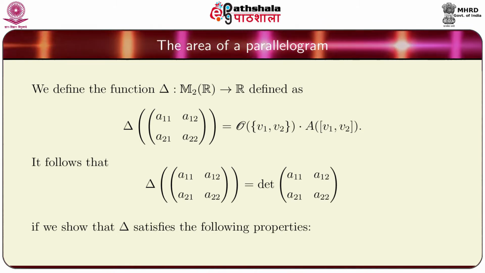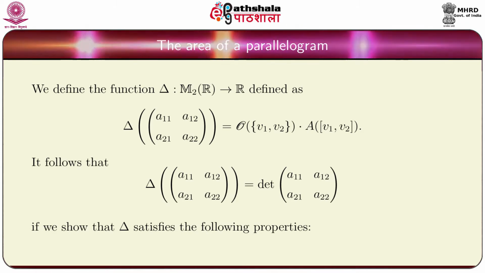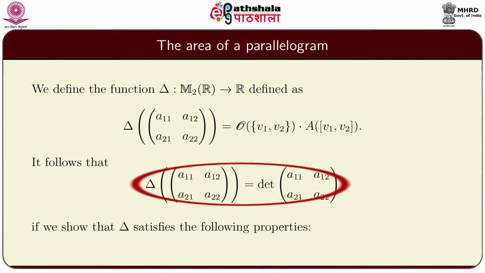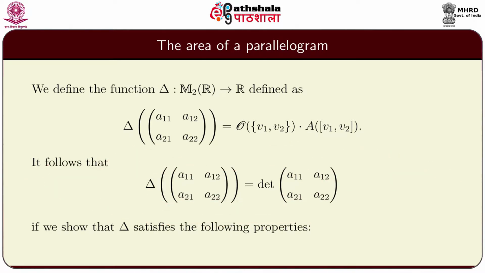And then it follows that this function delta is nothing but the determinant of this 2 cross 2 matrix A11, A12, A21, A22. But how to show that?